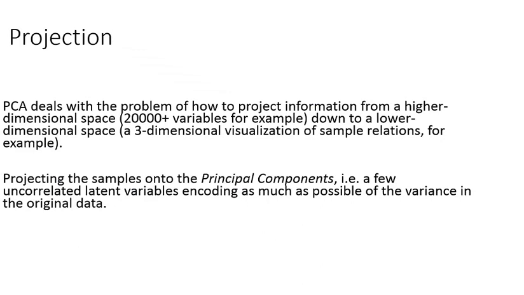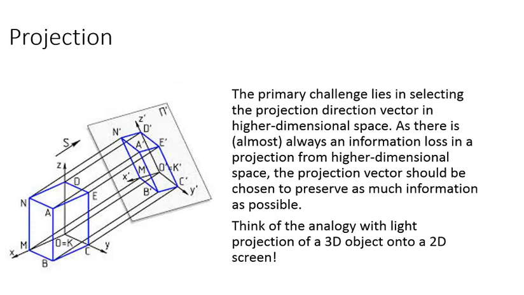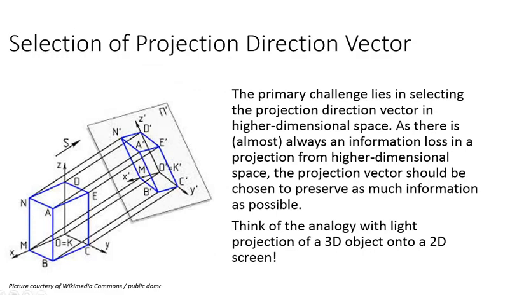Projecting the samples onto the principal components, for example, a few uncorrelated latent variables, encoding as much as possible of the variance in the original data. If you take an analogy, it's like projecting a three-dimensional object onto a two-dimensional screen. The primary challenge lies in selecting the direction of the projection, so that we lose as little information as possible.